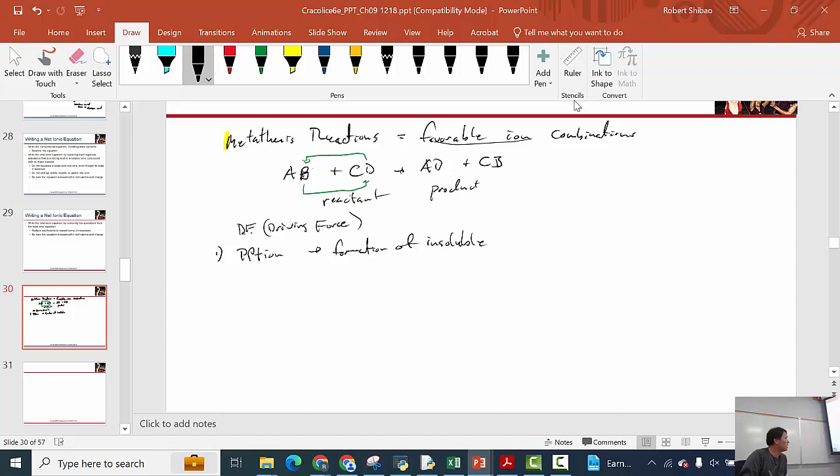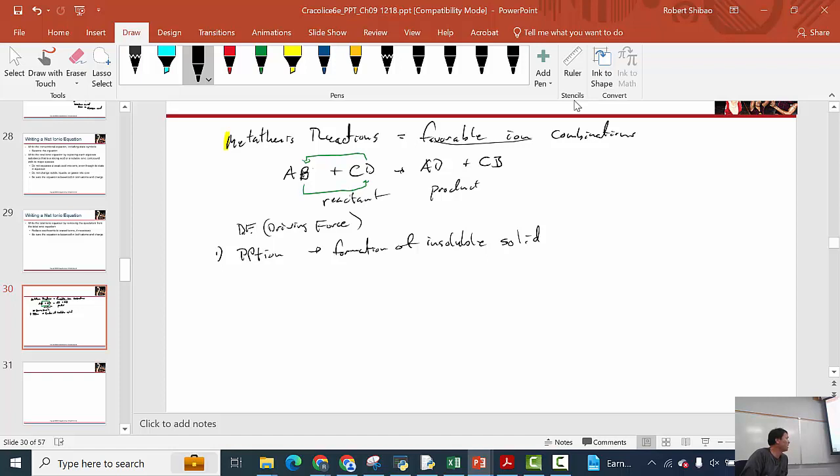An insoluble solid has strong bonds holding the ions together. The bonds are these electrical forces we call electrostatic or coulombic forces. And if they're strong, then the solid won't dissolve.